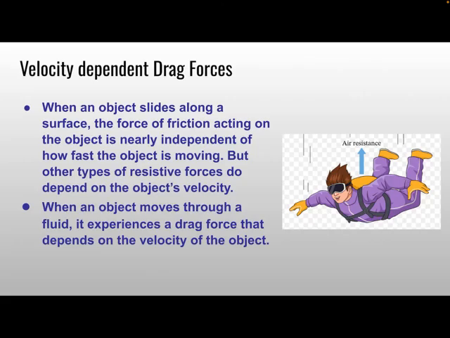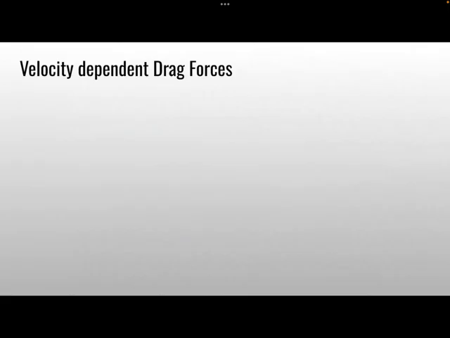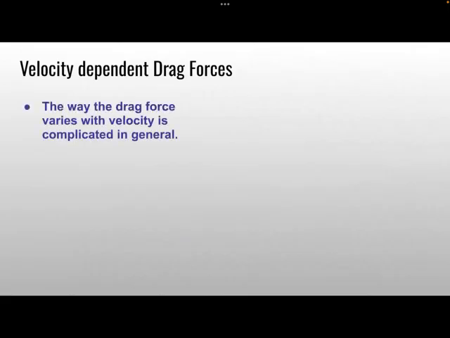This is true for things like air resistance or moving through water. The way that the drag force varies with velocity is very complicated. It depends on the shape of the object, weather conditions, altitude, so very complicated in general.